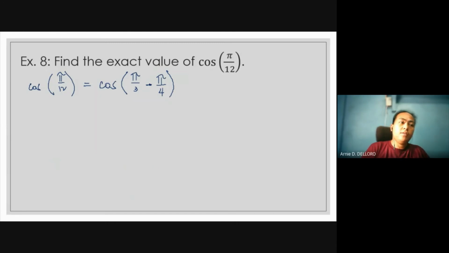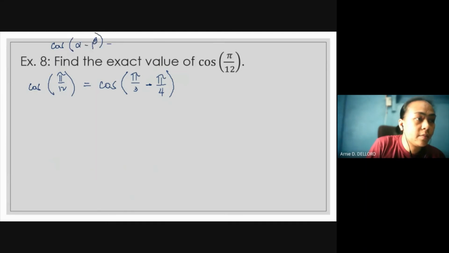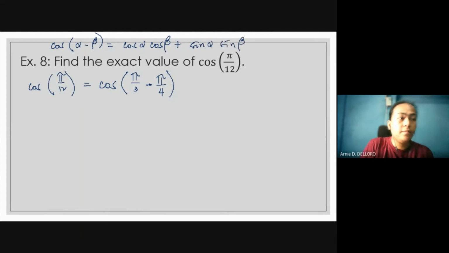If you can still recall, di ba meron tayong sum and difference formulas. Okay? And since cosine ito, we will be using the formula cos cos sin sin. So we will be using the formula cosine alpha minus beta is equal to cosine alpha cosine beta plus sine alpha sine beta.